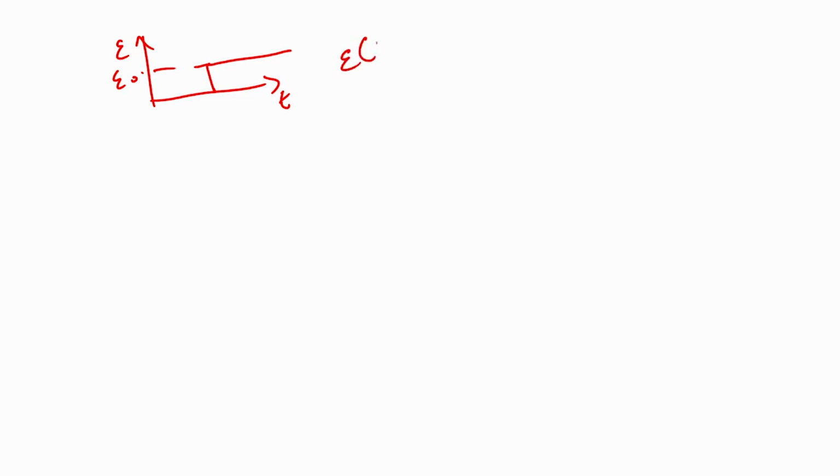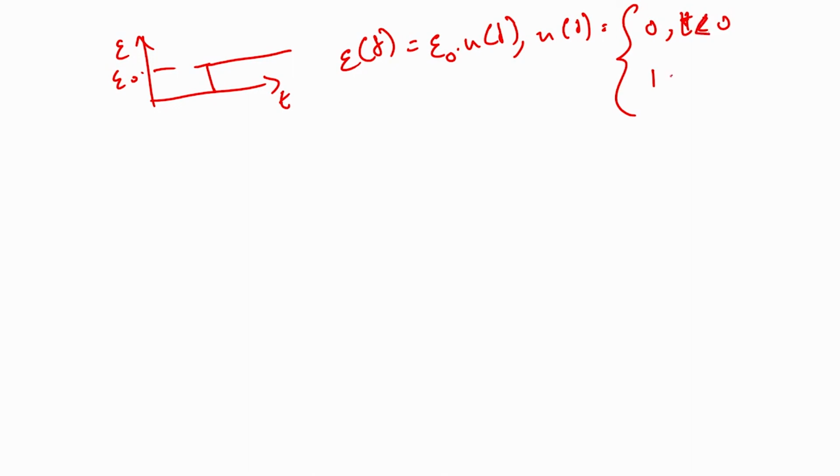So I can write the function as epsilon(t) is equal to epsilon 0 times u(t), where u(t) is 0 for time less than 0, and 1 for time greater than 0. The Laplace of this function will be epsilon 0 by s, correct.